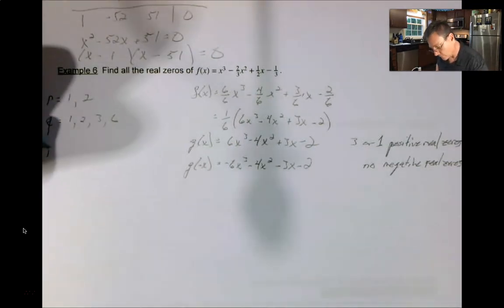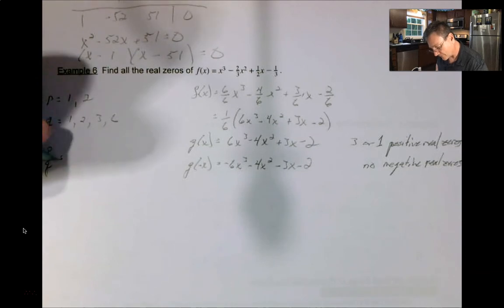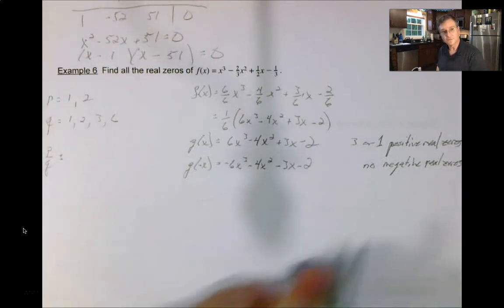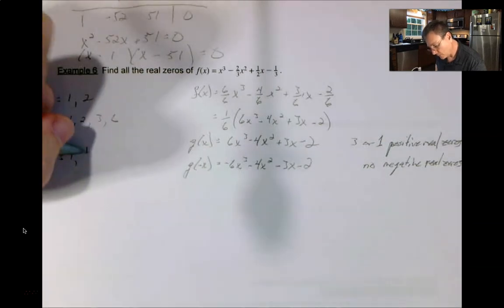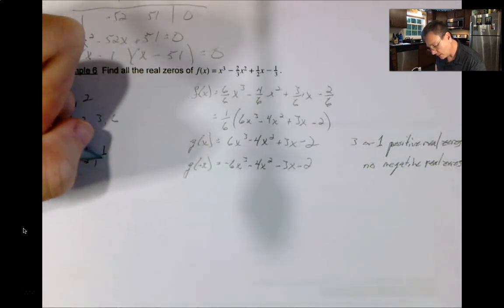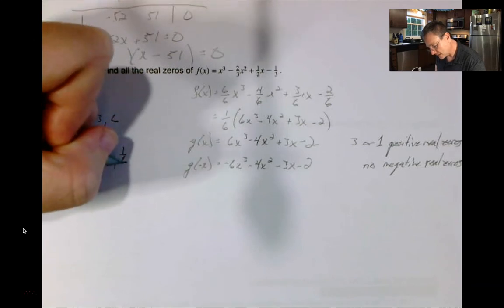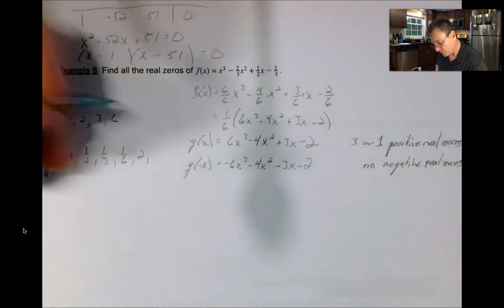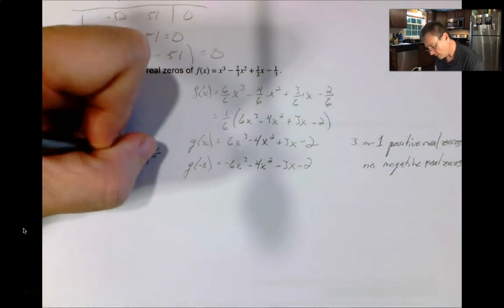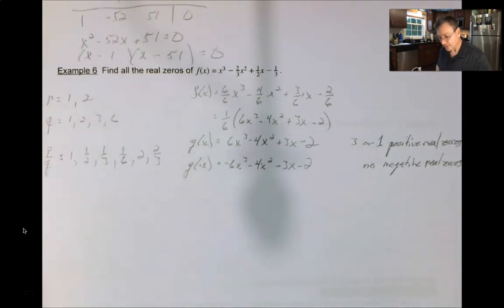P over Q. Half as many possibilities because of Descartes' rule of signs here. 1 over 1, 1 over 2, 1 over 3, 1 over 6, 2 over 1, 2 over 2 is 1, 2 over 3, 2 over 6 is 1/3. Here are my 6 possibilities. These are the only ones that we need to check.